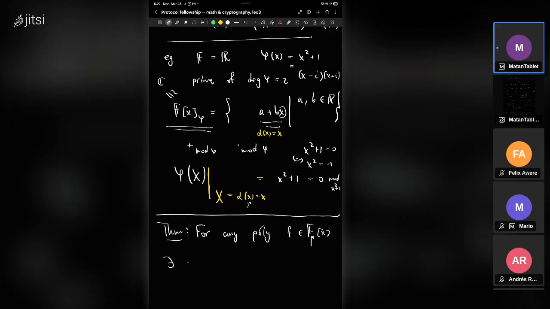There exists n, or maybe big N, such that over F_p^n, f factors, or decomposes, into linear factors.